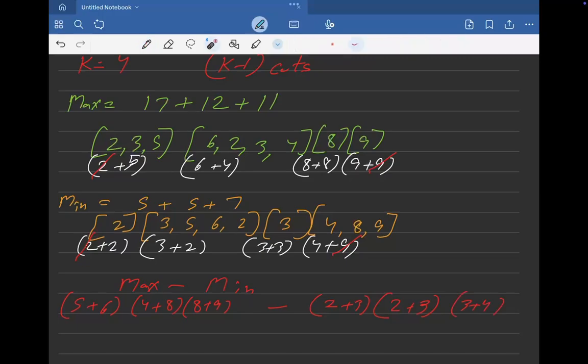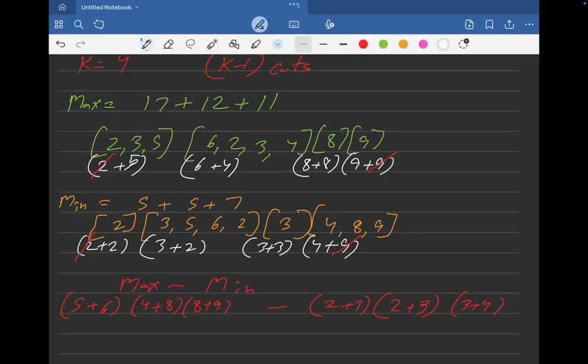Isn't this value 11? Isn't this value 12? Isn't this value 17? Right? We have this value. Isn't this value 5? Isn't this value 5? Isn't this value 7? Yes.